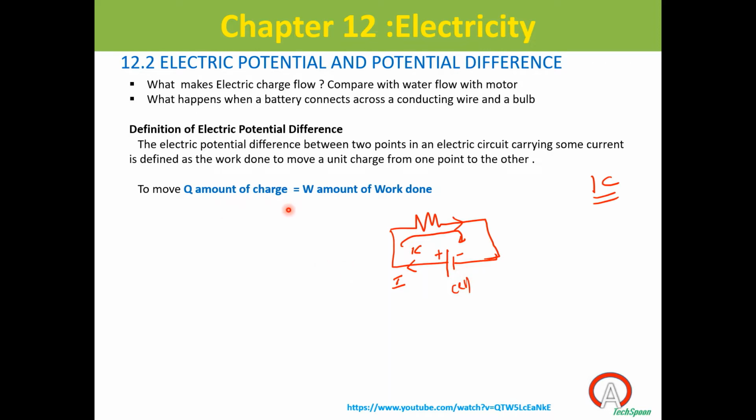This is Q amount of charge the battery is moving, W amount of work or W joule of energy. Now what we need to find out is the potential difference, which I am writing as V. Now you just read the definition.